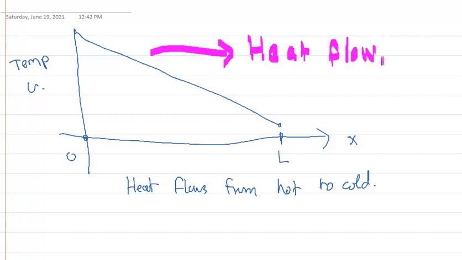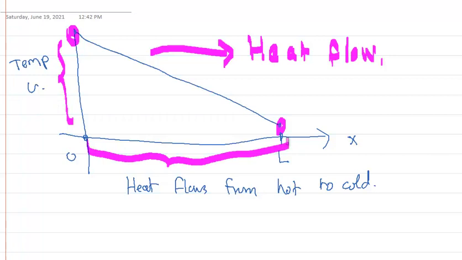Now how fast does the heat flow? Well, the hotter this is and the colder this is, the faster the heat flow is going to be. So the difference between hot and cold here is here. And the distance is here.